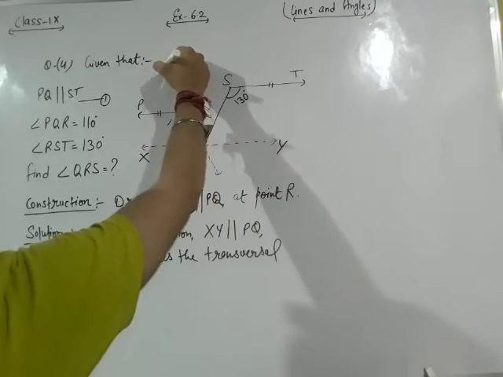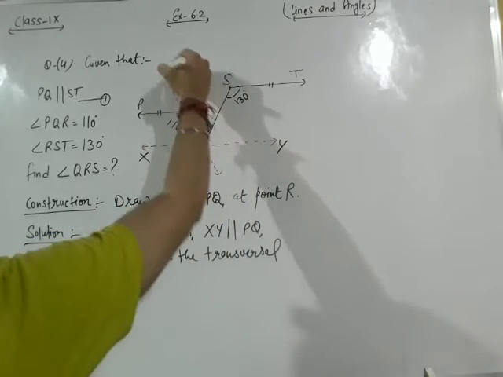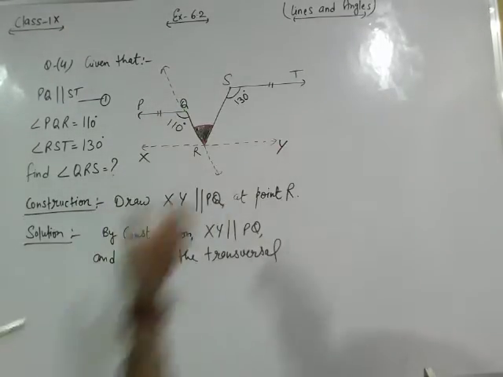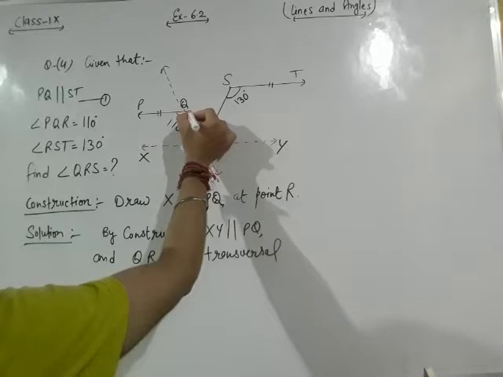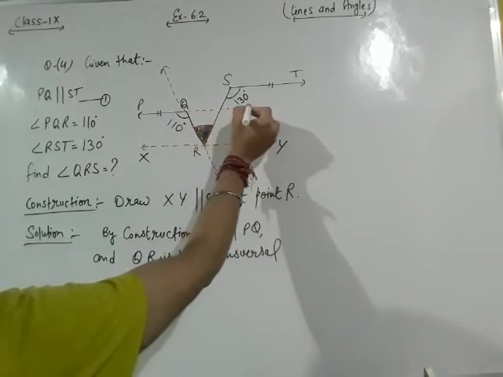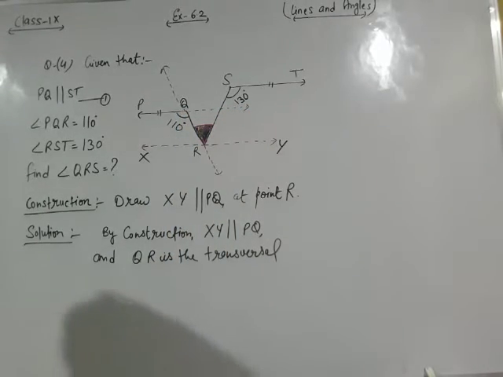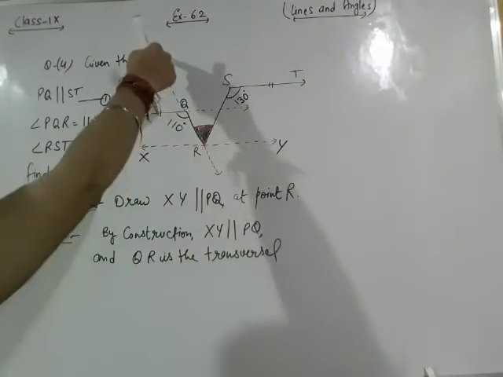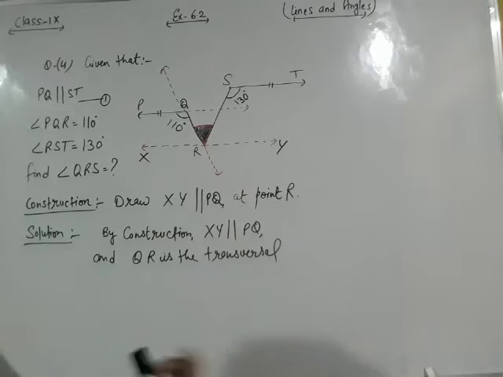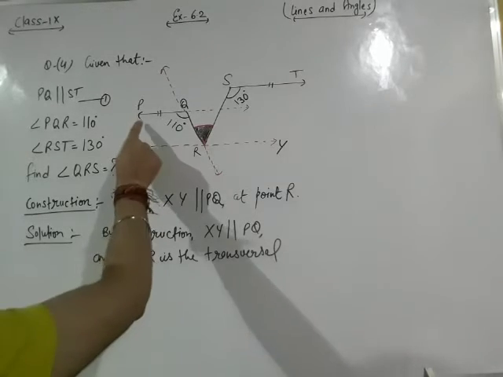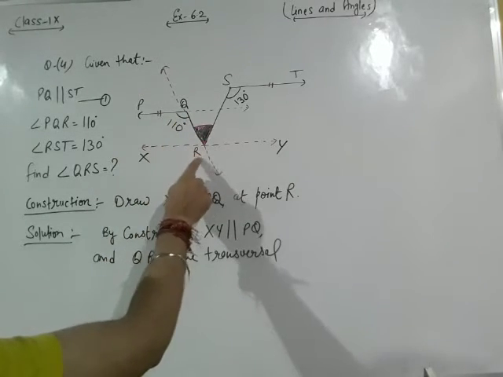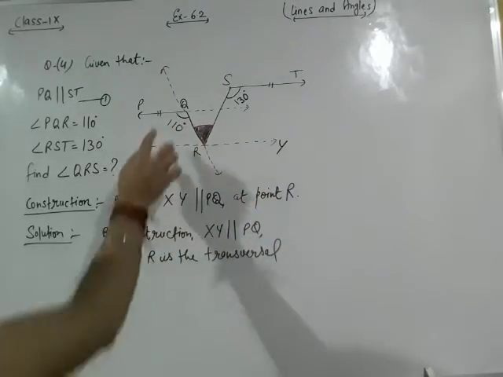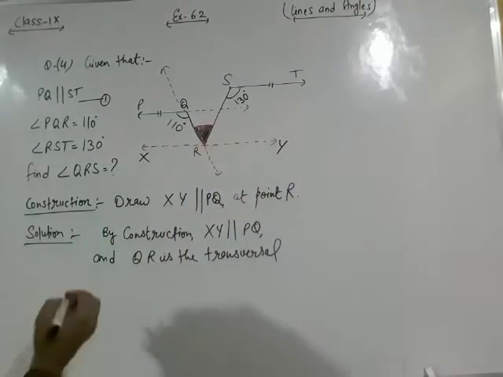and this line also. Now what you observe, that PQ is parallel to XY. You can extend PQ also, right? Now what you observe, XY is parallel to PQ and QR is the transversal. Therefore, angle PQR is equal to angle QRY, alternate interior angles.